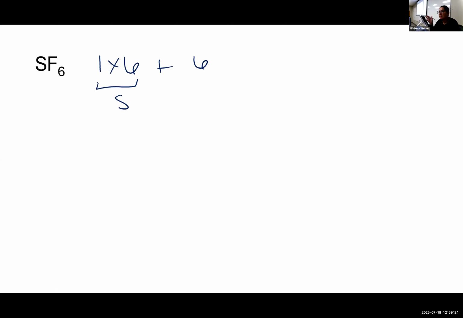Fluorine is in column 17, so 7 valence. That gives 48 valence electrons.